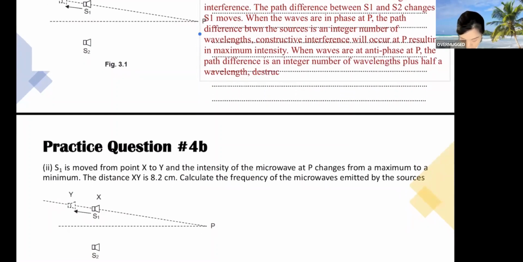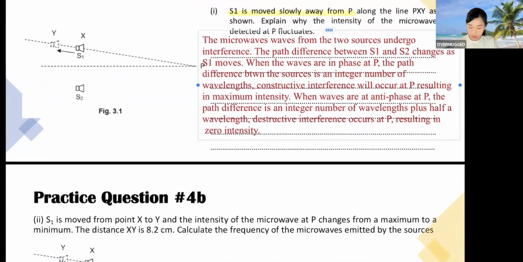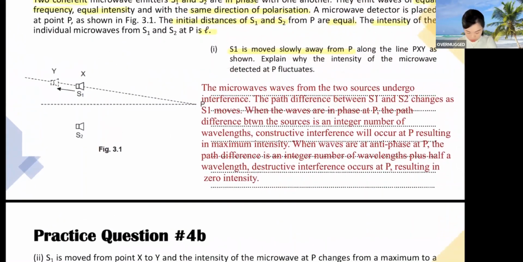So then destructive interference occurs at P, resulting in 0 amplitude. Intensity, don't use amplitude. Okay, so this is how we explain what is being detected at the microwave detector at P there. Understand?